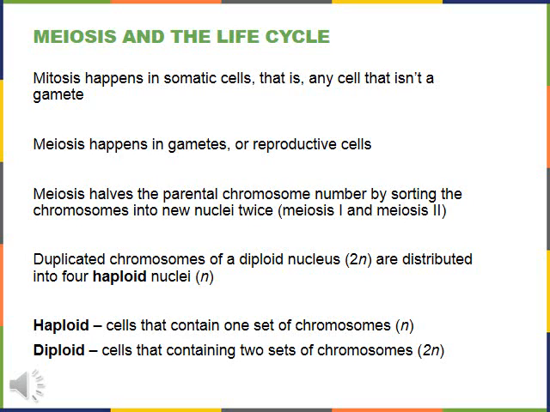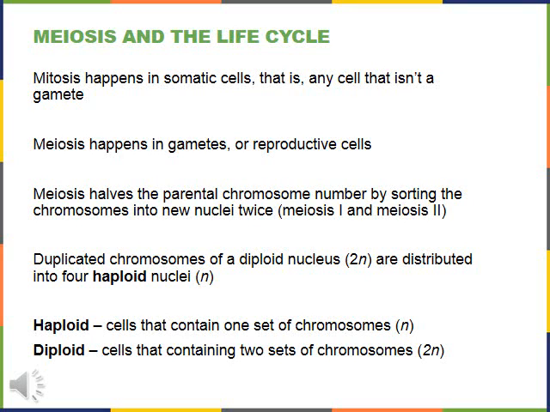Okay? Meiosis halves the parental chromosome number by sorting chromosomes into 2 new nuclei twice, and we call it meiosis 1 and meiosis 2. The duplicated chromosomes of a diploid nucleus, which is a 2N, that's how we write it, are distributed into 4 haploid nuclei. So go back to mitosis for a second.